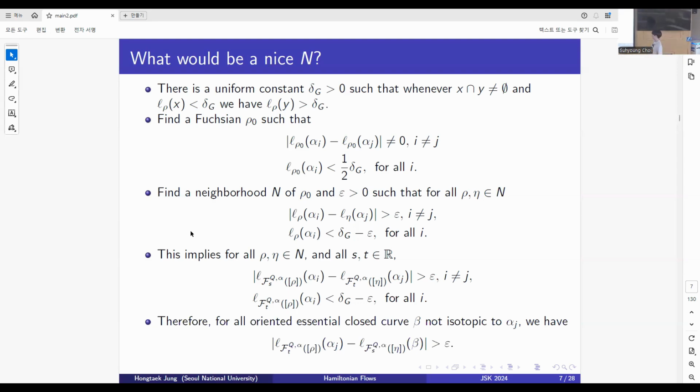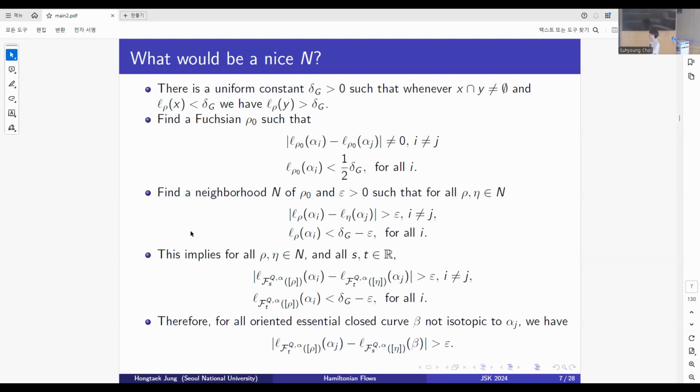Then, because we are taking the Pants decomposition, this essential simple closed curve beta must be isotopic to another pants curve alpha I other than alpha j, or must intersect some of the alpha j curves, right?